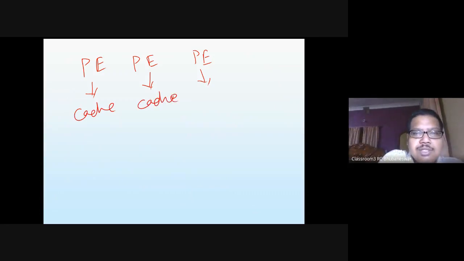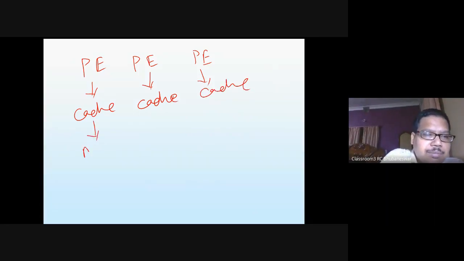So we have processing elements, and each processing element will be connected to its individual cache. This system is much better but costly.